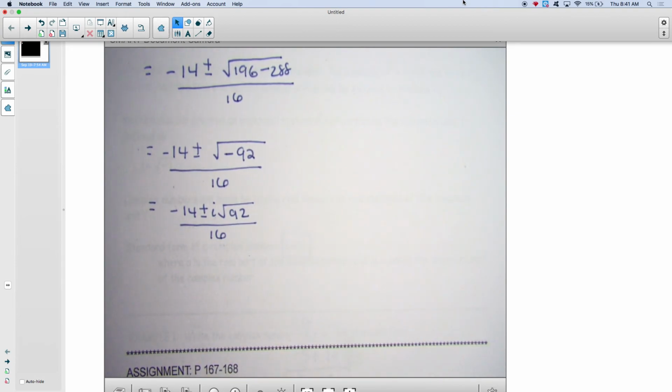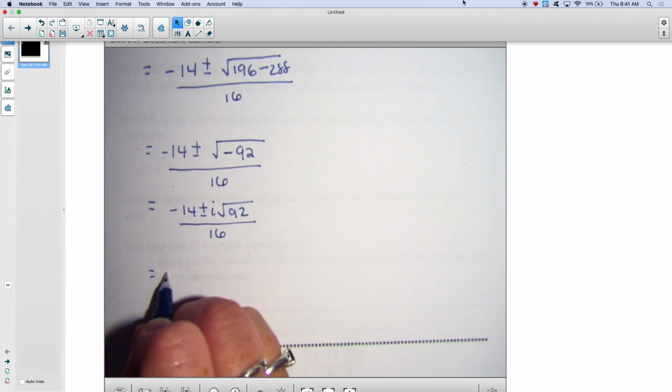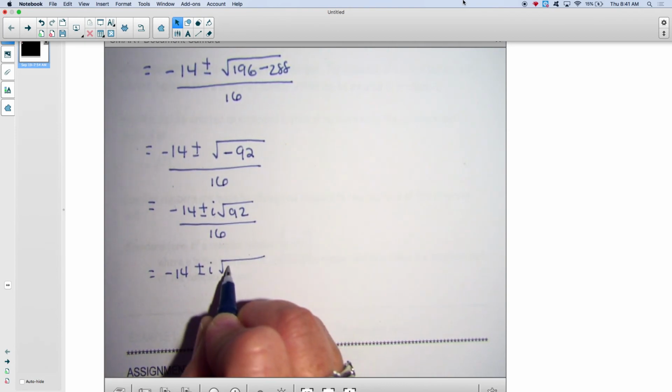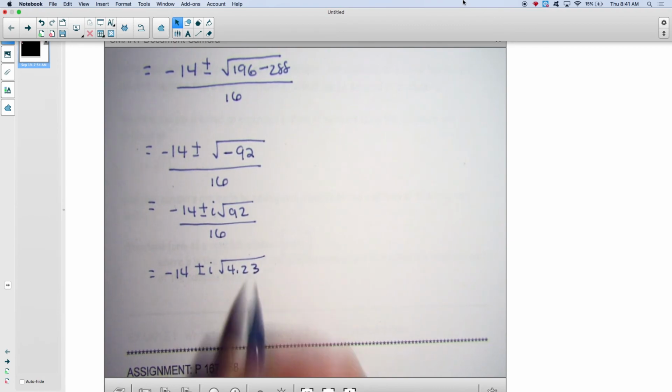But 92 can be simplified. That's 4 times 23.